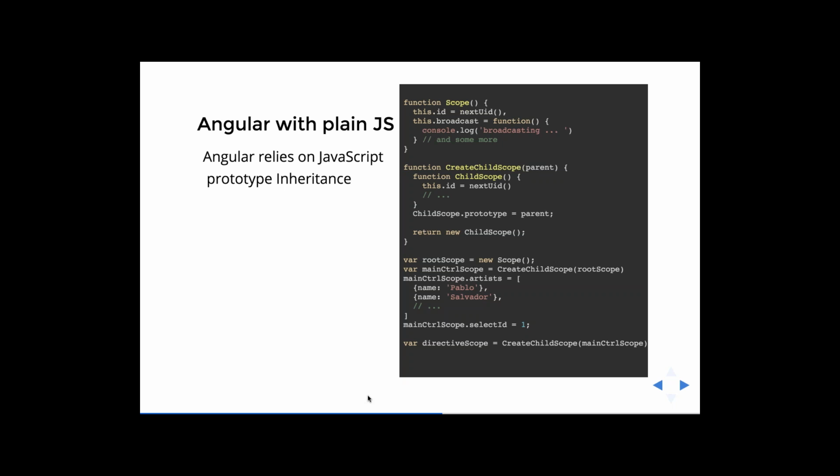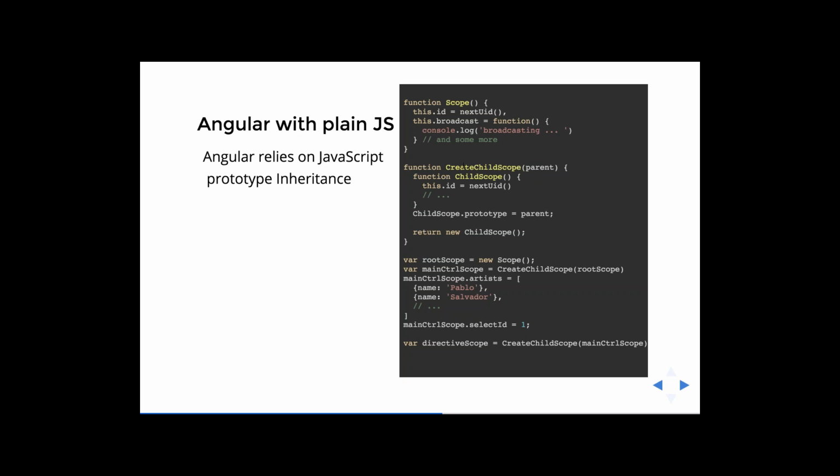This is with plain JavaScript, and this is a very reduced way of doing what Angular is doing. This is actually my code, so it's not Angular code. We can see that the scope, which is the object that creates the root scope, has some broadcast, it has emit, it has some functions for doing the broadcast. It also has the watch.